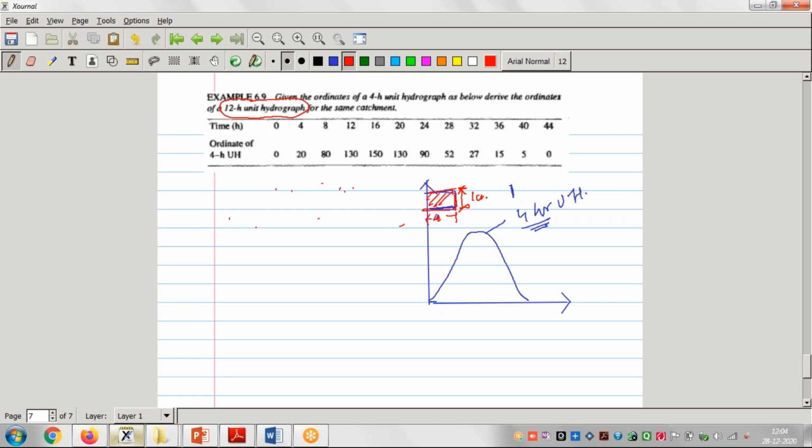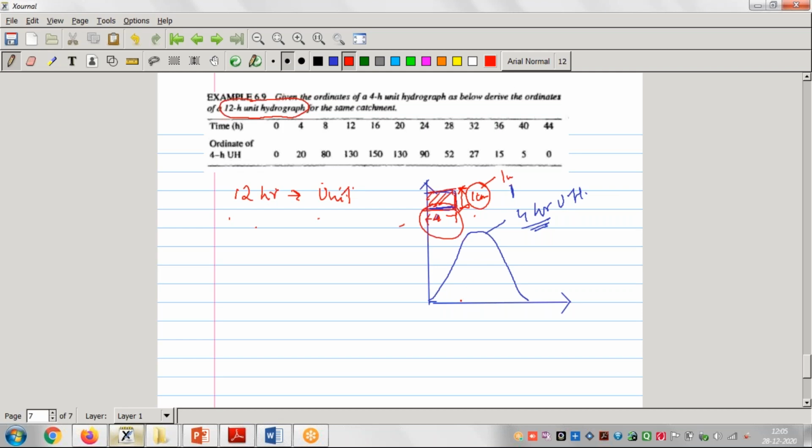So this is 1 centimeter. This graph is the result of 1 centimeter or maybe 1 inch or maybe 1 mm. I can just say 1 unit. So this graph is of unit rainfall for 4 hours. Is it okay? Now again I want the 12-hour unit hydrograph, right?